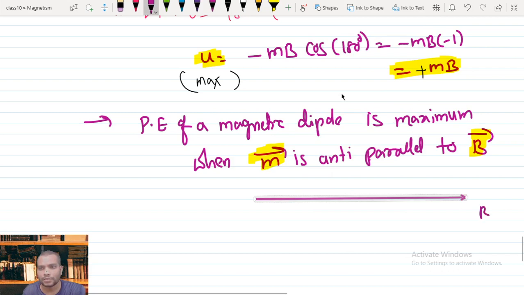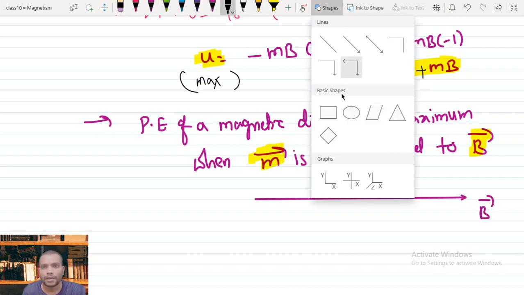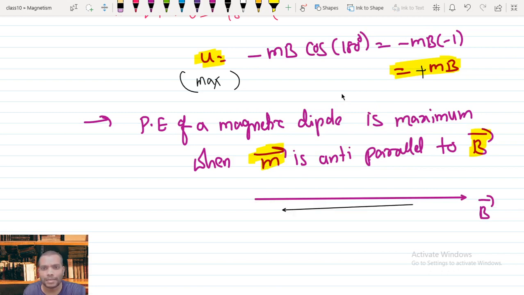This is the B bar direction. Suppose I have a bar magnet, so that bar magnet having magnetic moment vector along this direction. Suppose this is the south pole of a bar magnet and this is the north pole of a bar magnet. I do not draw the bar magnet, but imaginary you can say. So this yellow line itself is a bar magnet. Now here the magnetic field vector and magnetic moment vector.